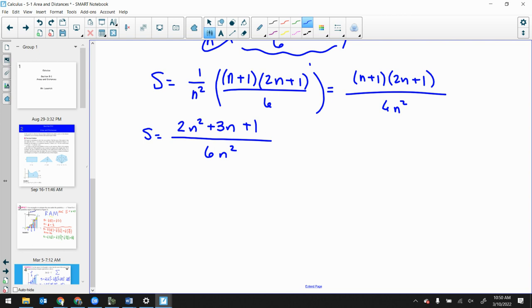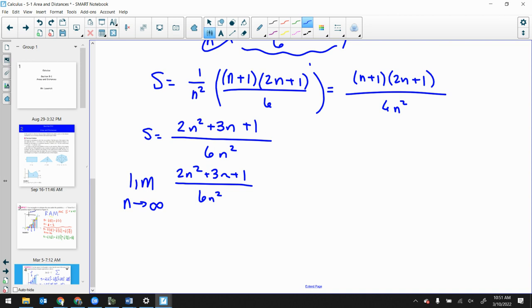Now, this is what that sum is equivalent to, right? I want to find this sum where n goes to infinity. This is really the limit that I want to find: the limit as n goes to infinity of 2n squared plus 3n plus 1 all over 6n squared.